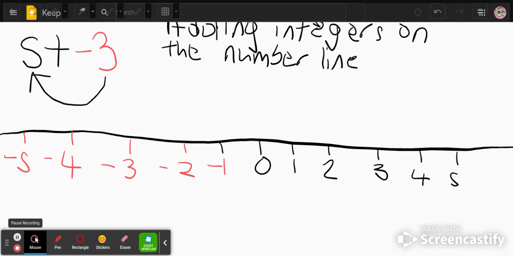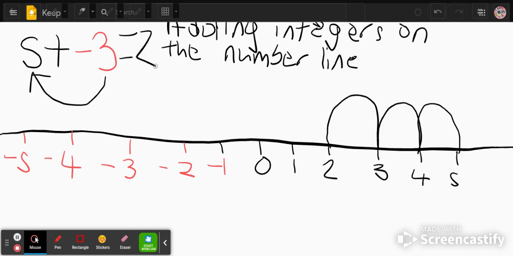We do the opposite when a negative number is being added to a positive number, we move to the left, right? So our starting point would be at positive 5. We're adding negative 3 to it, so we need to move 3 spaces to the left. So that would be 1 space, 2 space, 3 spaces. So therefore, we land on 2. So our answer will be positive 2.